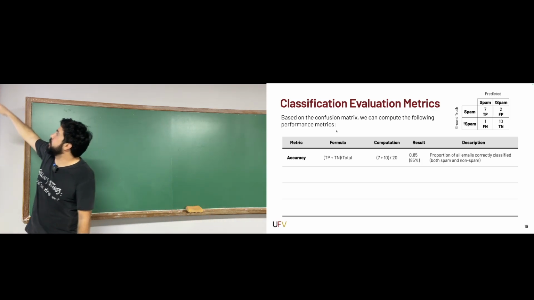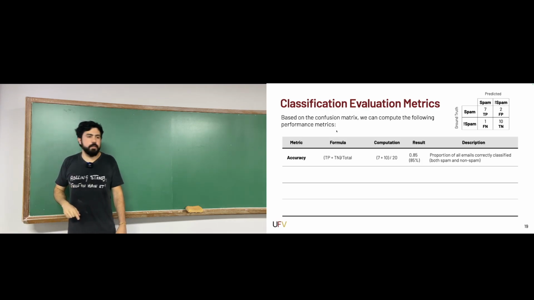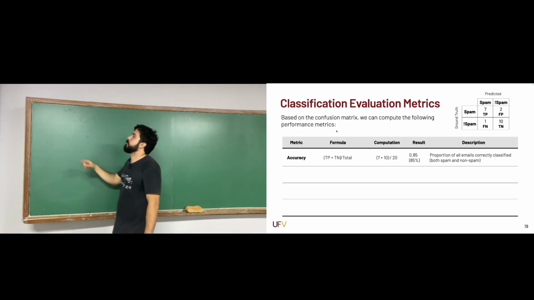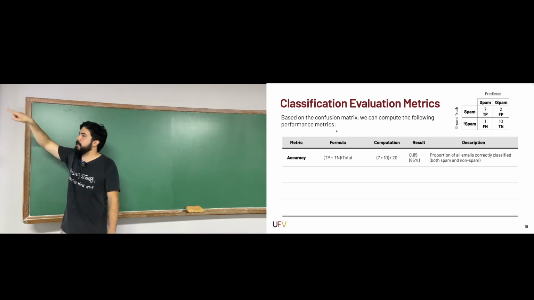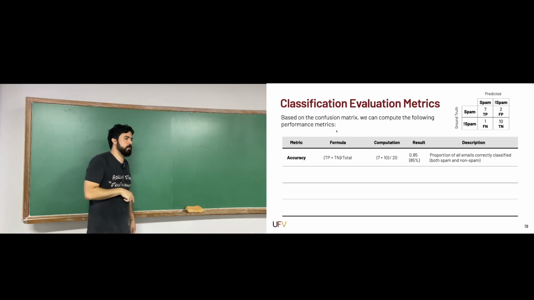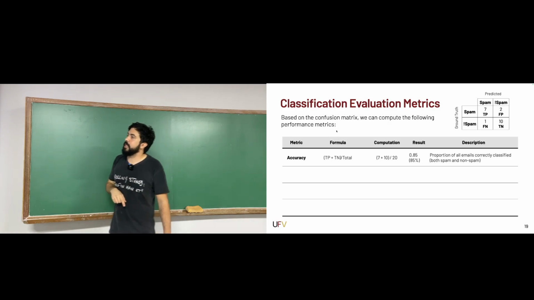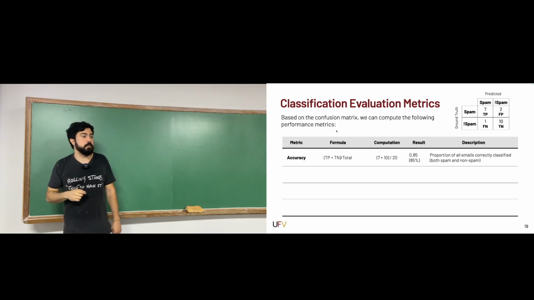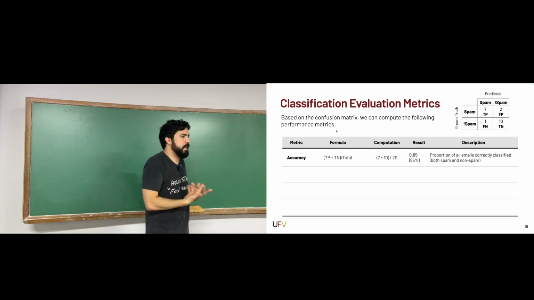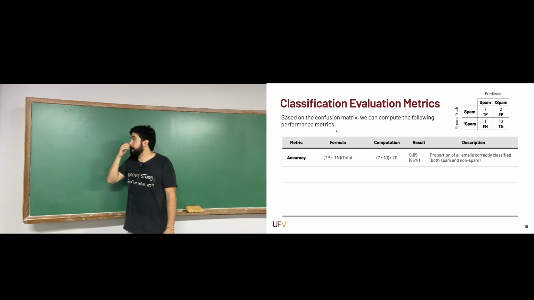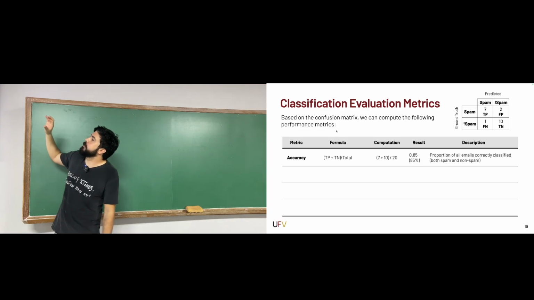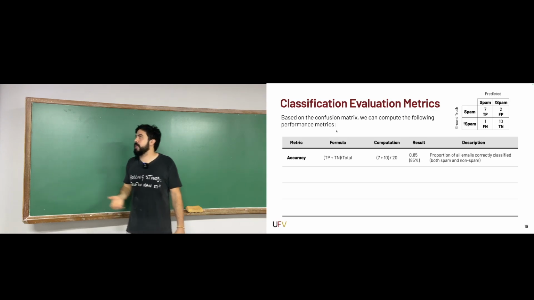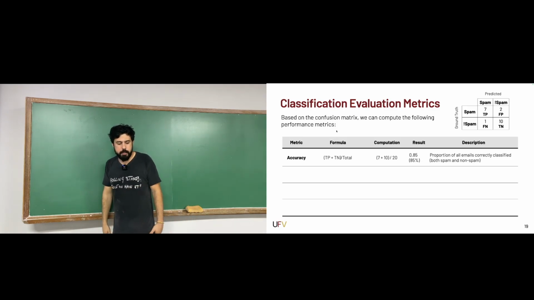It's just the sum of the main diagonal, which is 7 plus 10 in this case, divided by the total number of examples. So it's 17 divided by 20, which gives us 0.85, or 85%. So we can say this model has 85% accuracy. And we can read this metric as the proportion of all emails correctly classified, both spam and not spam.